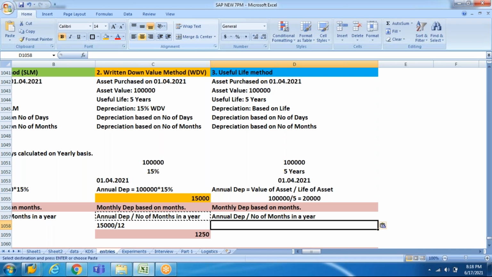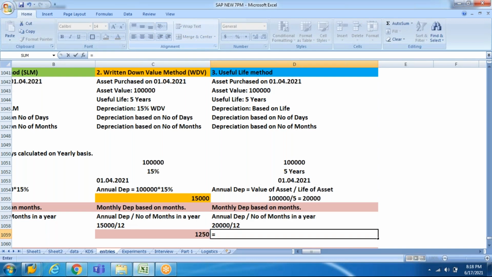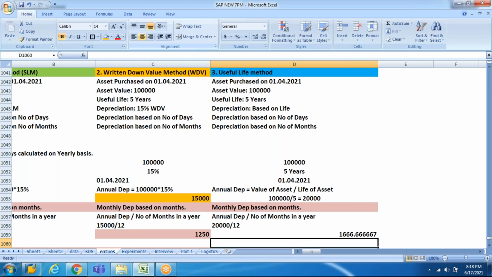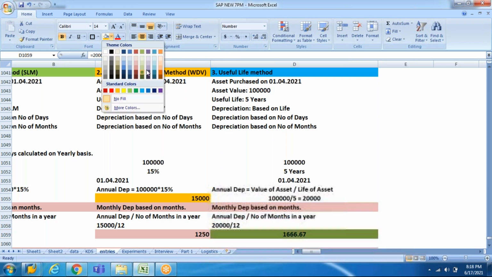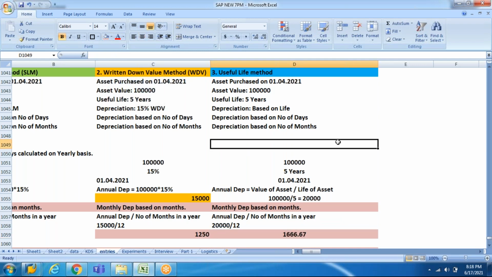But here it will be 20,000 divided by 12. So if you take 20,000 divided by 12, it will be this much. Let me round up. So this will be the asset depreciation for a particular month. Clear?